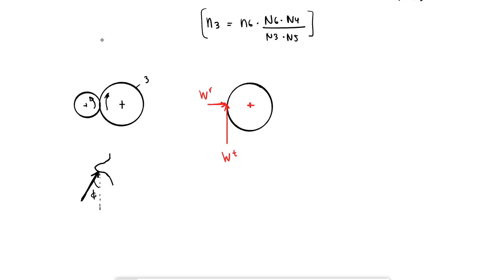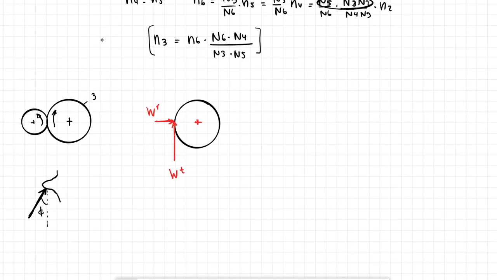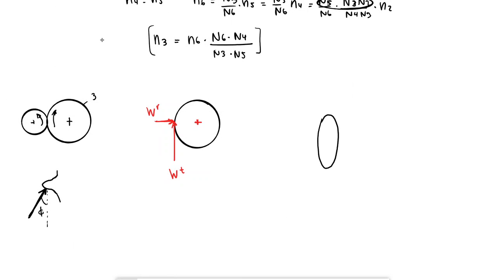I'm going to do this not in the same orientation, but just a different drawing. If I have something like this with my gear, a spur gear still, with all of my teeth, the tangential force that would be here is actually a distributed load. It's like a plane. So if I want to draw here the pressure angle, it would be something like this.